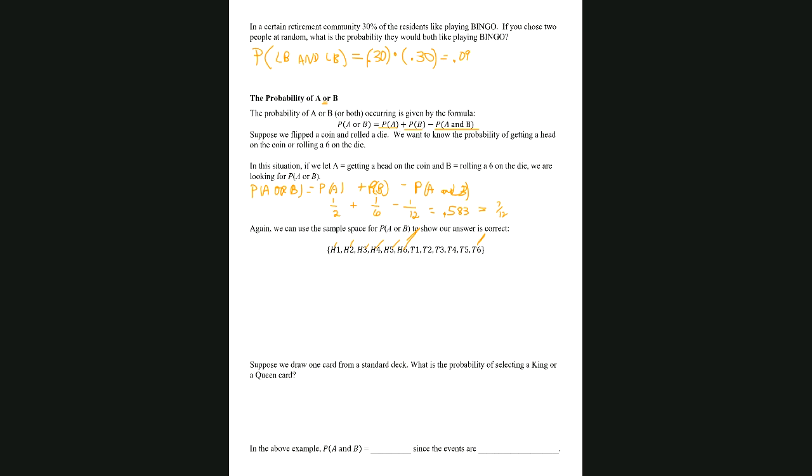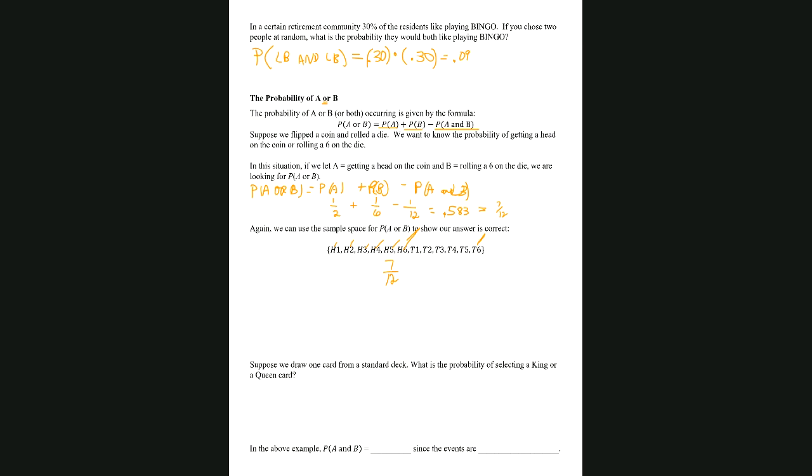So I have 1, 2, 3, 4, 5, 6, 7 chances out of the 12 to get either a head or a 6. Now you'll notice that I needed to subtract. Up here, if I add 1/2 plus 1/6, I get 8/12. So this subtracting of the probability of A and B is getting rid of the fact that I counted this H6 once with the heads, and I counted H6 once with the 6s, right?